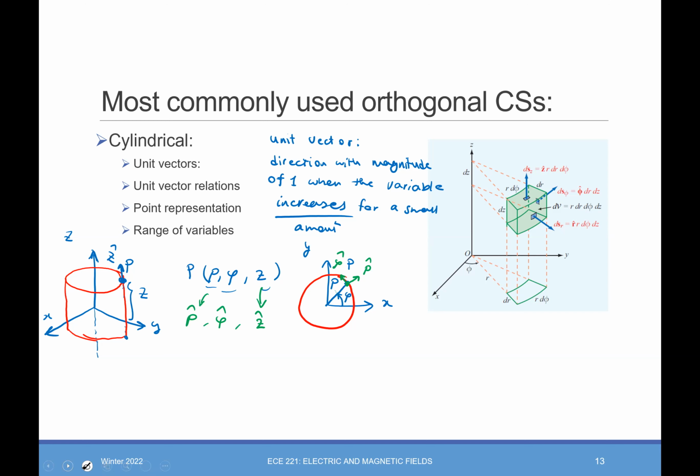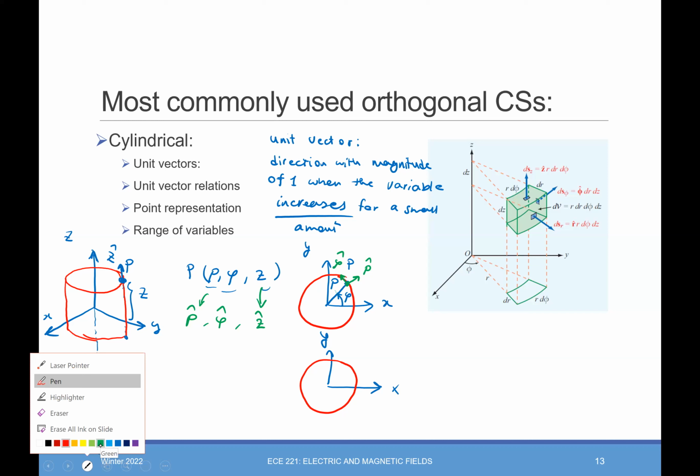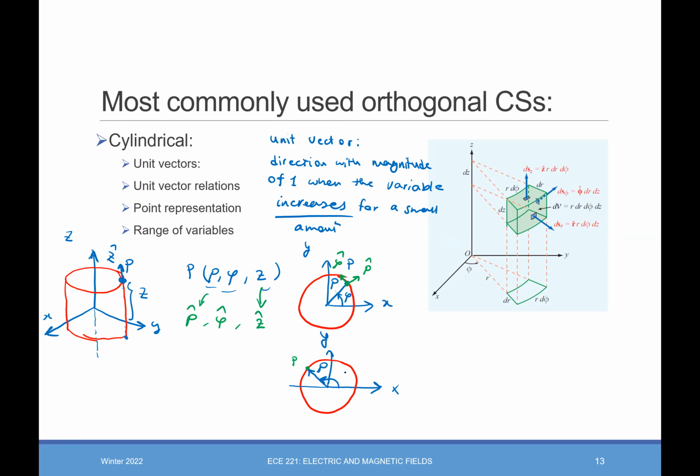Now, unlike x hat, y hat, z hat, if point P was at a different point, let's say this point, then when we define rho, rho is going to be in this direction, connecting P to the center, and this is going to be phi.